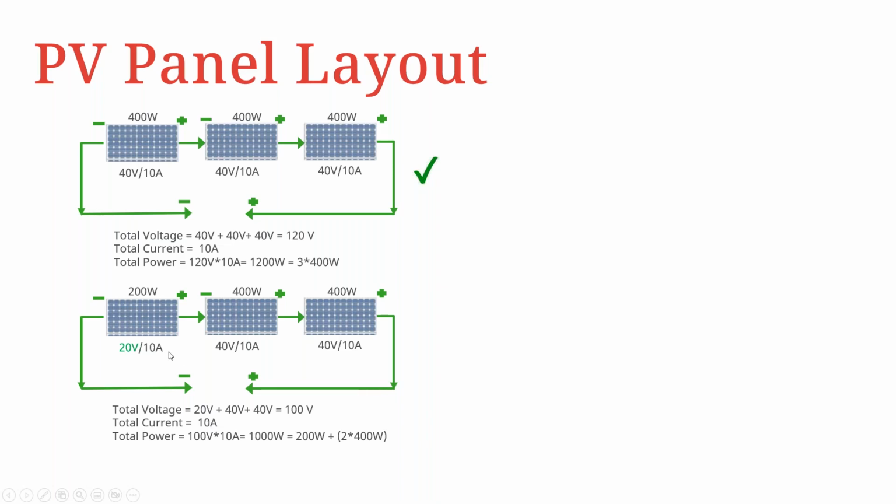The total current is, just like the previous illustration, the same across series connections, which is 10 amps. So the total power will now be 100 volts times 10, which gives us 1 kilowatt or 1,000 watts, which is the same as adding 200 watts plus the two other panels of 400 watts. So this is also fine.